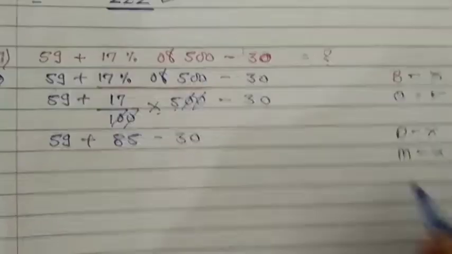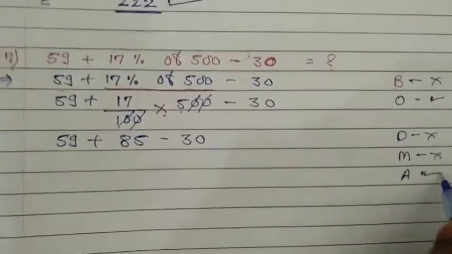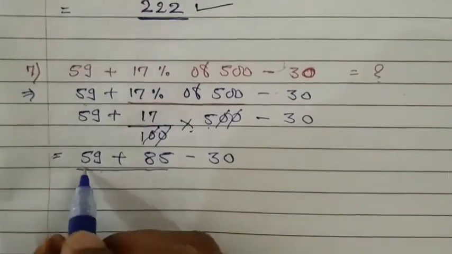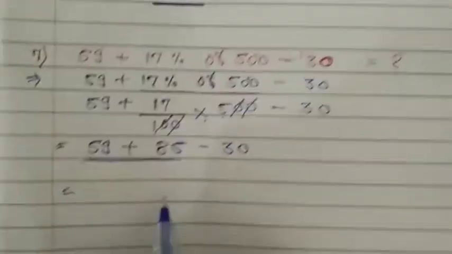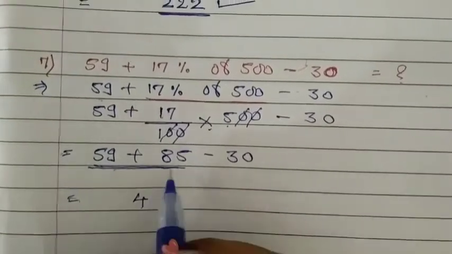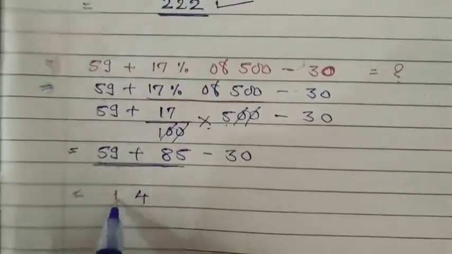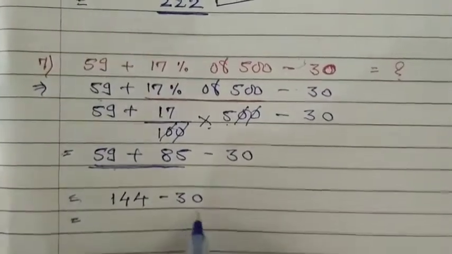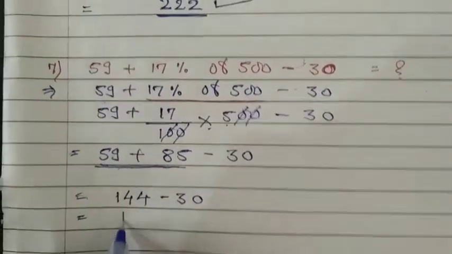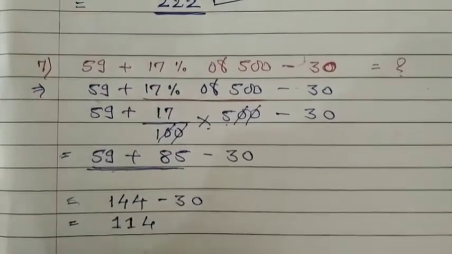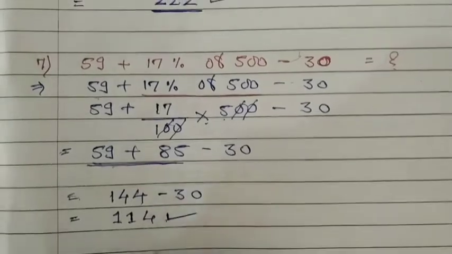No. Addition is here? Yes. So firstly additions. 59 plus 85, how much? 9 plus 5, 14, remaining 1. 8 plus 5, 13, 13 plus 1, 14. 144 minus 30, that means 114.